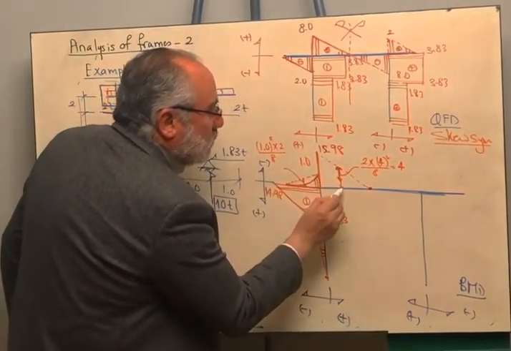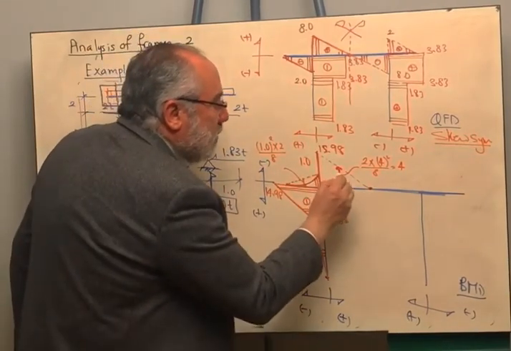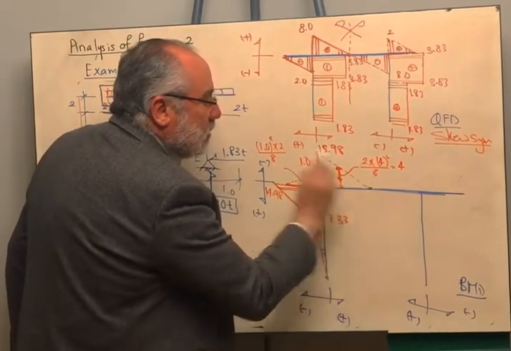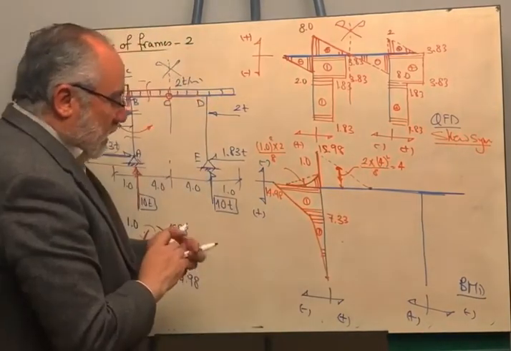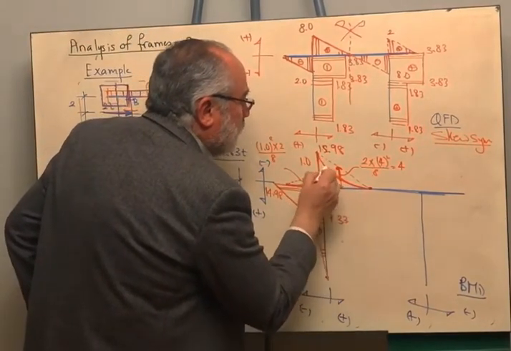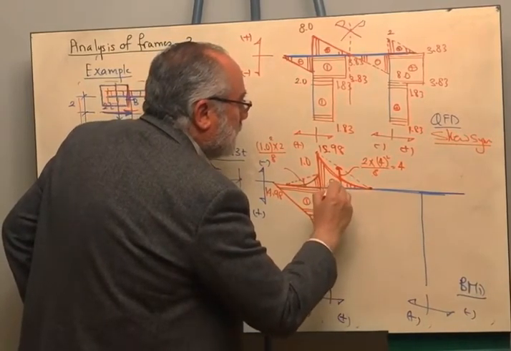This value is half of the 15.98, which is almost 8, and the magnitude of the parabola is the distributed load times the span squared over 8, which is 4. It means that the parabola will be like this. There is no part of the parabola that will go below the datum. Okay?